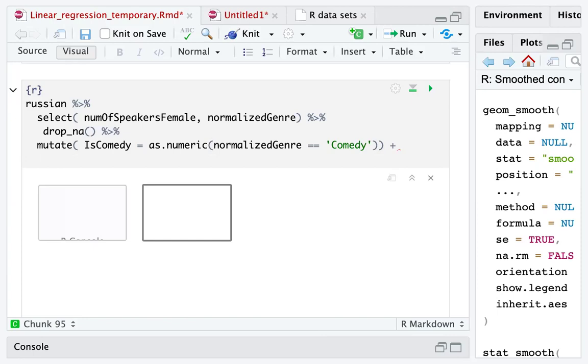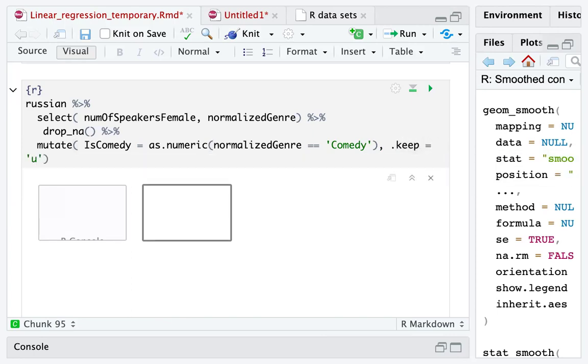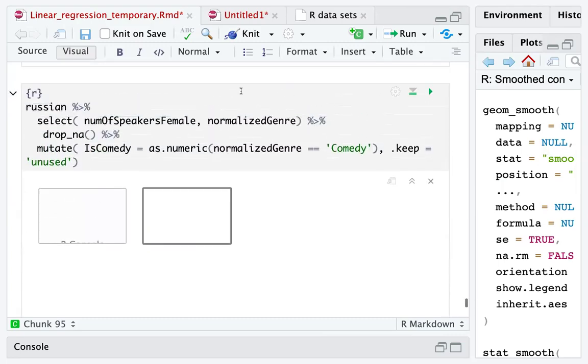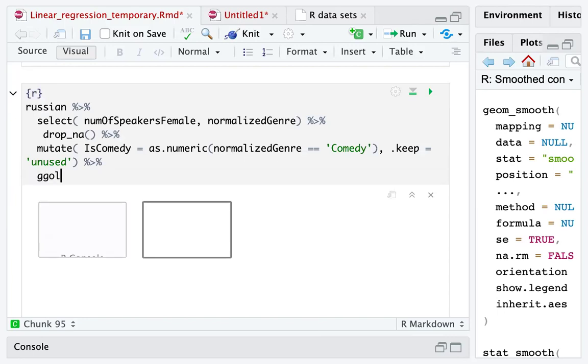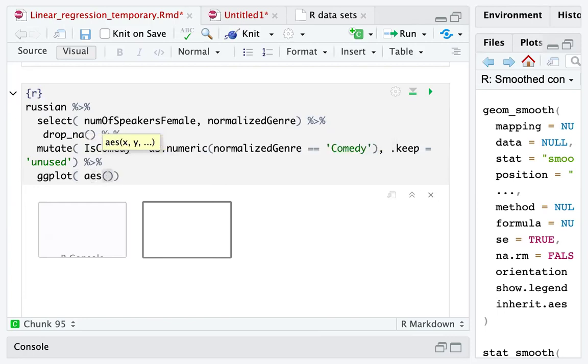And let's keep only the unused column. And let's try to ggplot it.